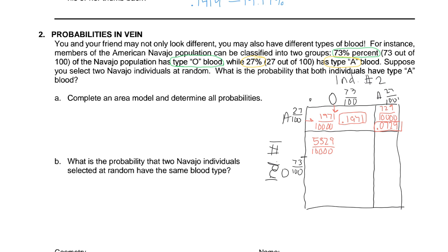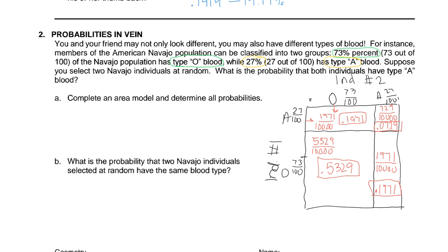So when we plug that into our calculator, we get a decimal of 0.5329, meaning 53.29% would have O and O. And then over here, we've got 27 times 73 in our last box, so 1,971 out of 10,000. So that decimal would be 0.1971. So now we've got all of our probabilities and we are all set to answer the question.